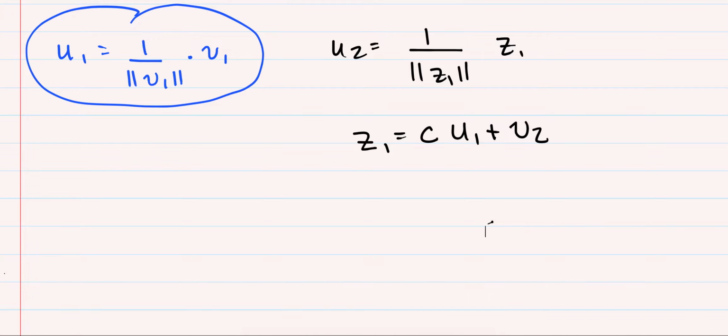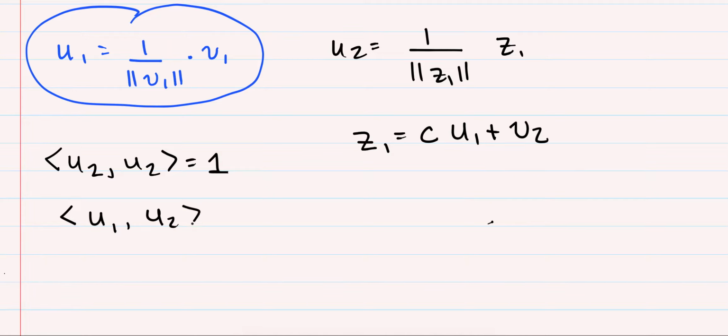So it's obvious that, by this definition, this is a unit vector, so the inner product of U2 with U2 is going to be 1. But I want that the inner product of U1 with U2 is going to be 0. And the inner product of U1 with U2 is a scalar times the inner product with Z1.